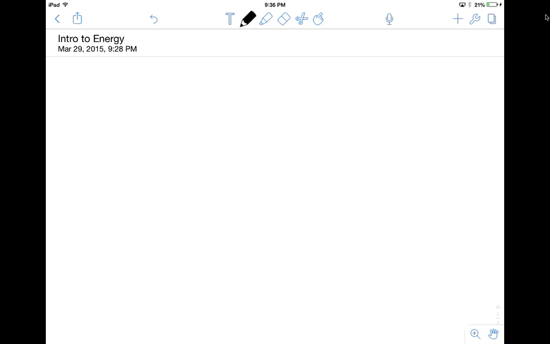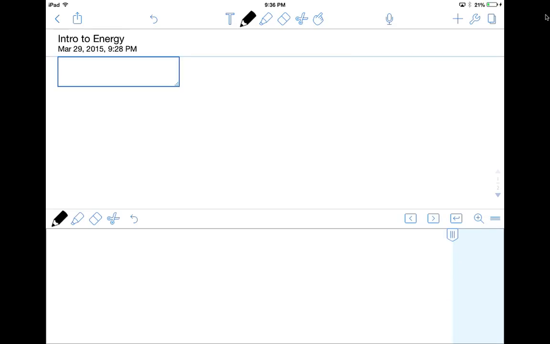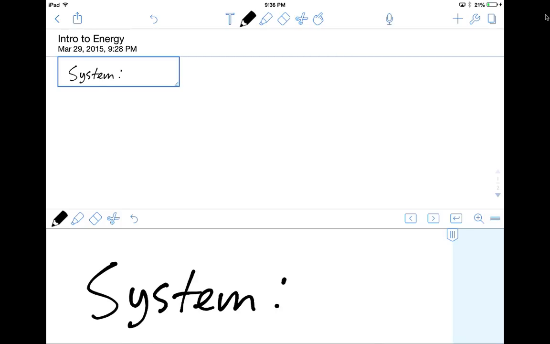Now, the first definition that I want to do is actually not the definition of energy. We'll get to that. First, I want to define something called a system. I think you all probably have an idea of what the word system means, but in physics, it's a little bit more specific.